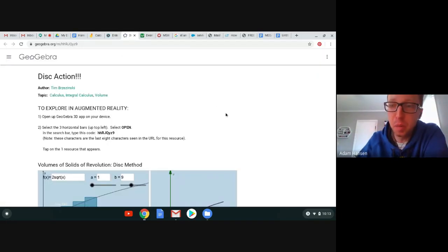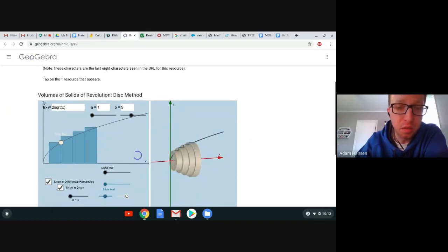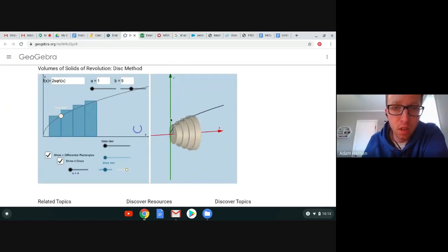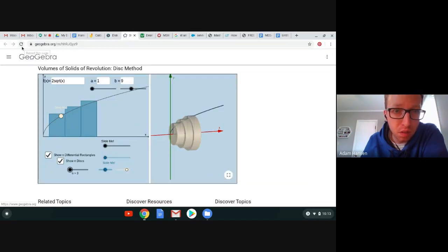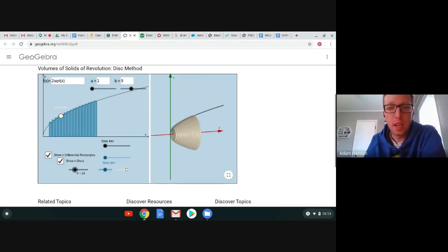All right, here's a better picture of that GeoGebra link. I think it just loaded. As we can see below, we've got some of these disks. I can let the number of disks increase, giving me a more and more smooth solid.